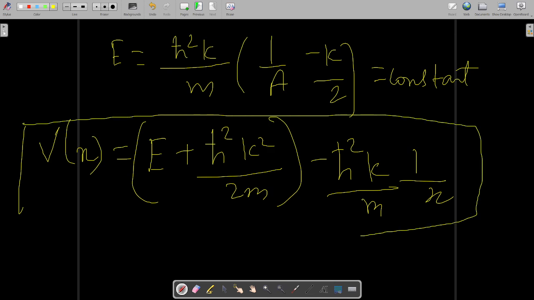So let us explain this result in order to grab more marks for the exam. This is necessary. So the value of e we have got.